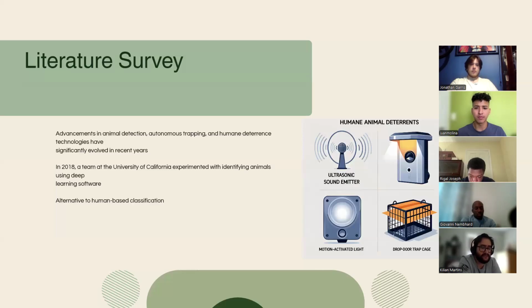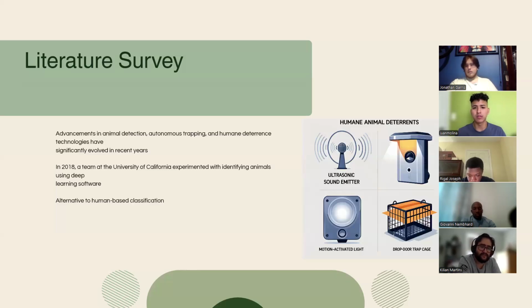So instead of having to use people to look at the images and classify what kind of animal it is, they are using AI and machine learning in order for that to happen without any human intervention. That saves quite a bit of money and a lot of time because a computer can do that a lot faster than humans can.